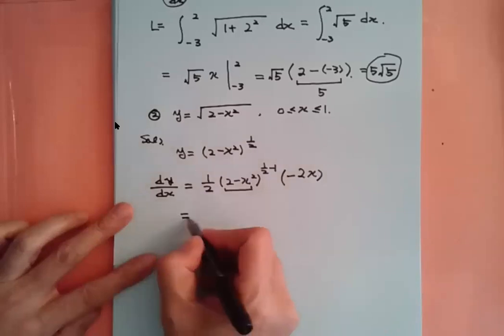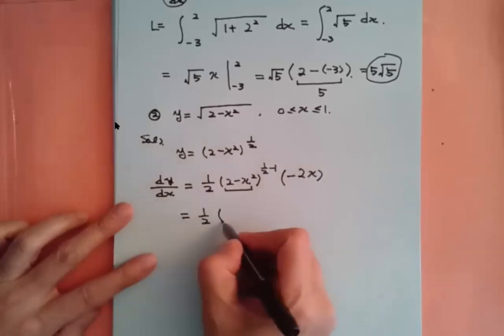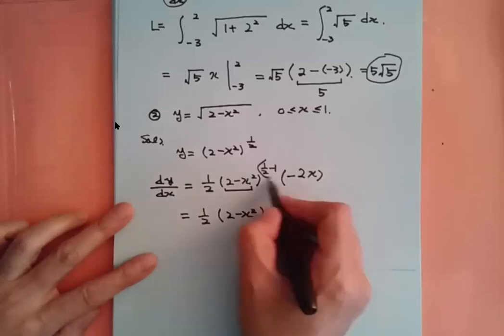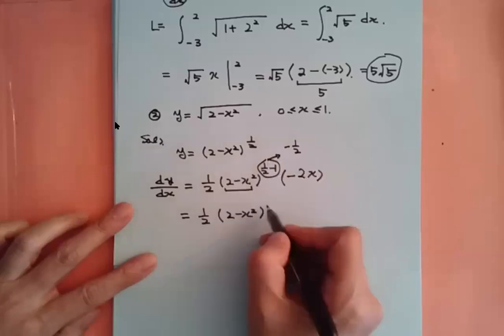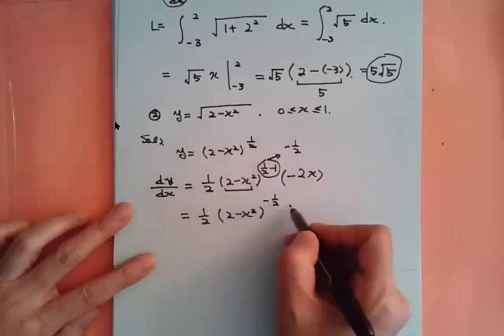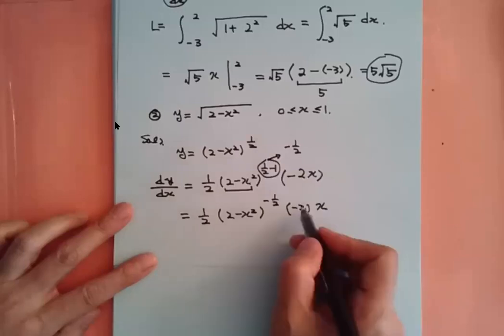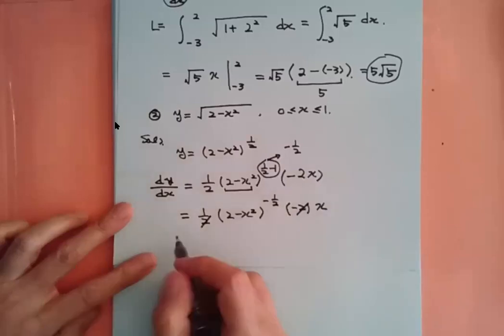So that is 1/2, 2 minus x squared to the minus 1/2, times minus 2 times x. So this and this will cancel each other.